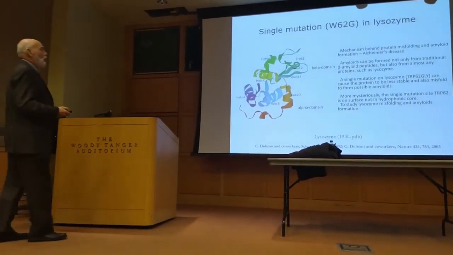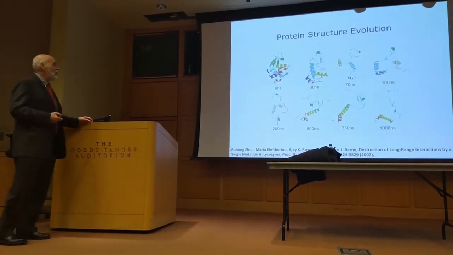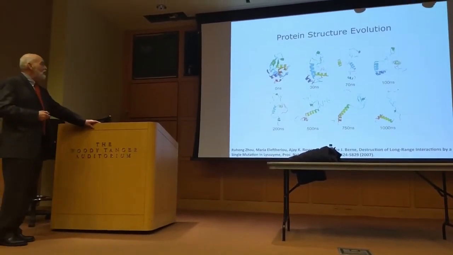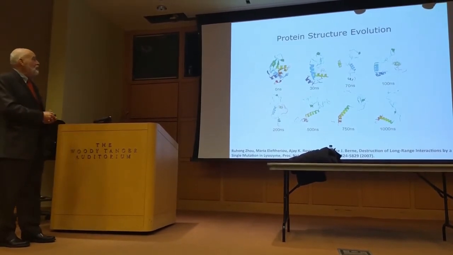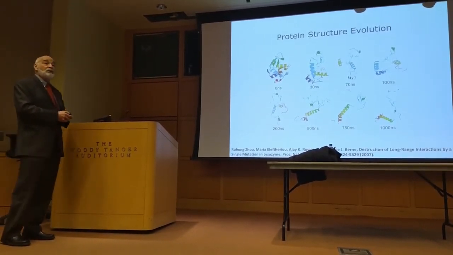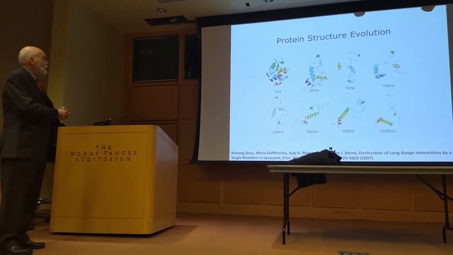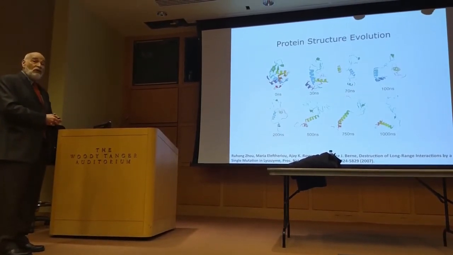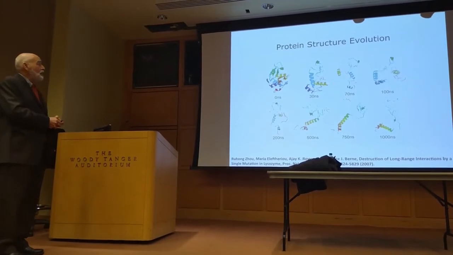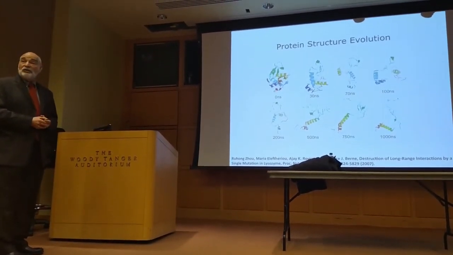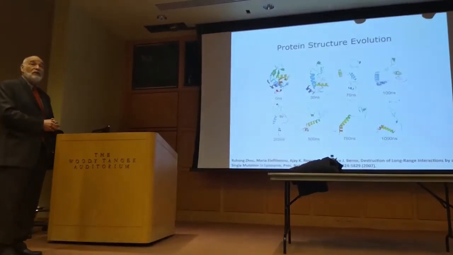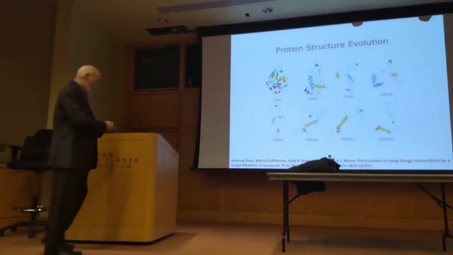This is an example of what happens in urea going to 1 microsecond. You make the glycine mutation, start it in its native structure, and then watch it, and you see that it does indeed denature within the time scale that we wanted.